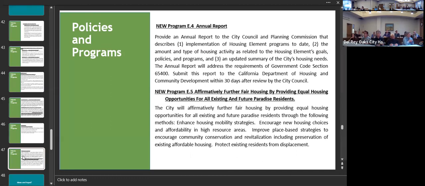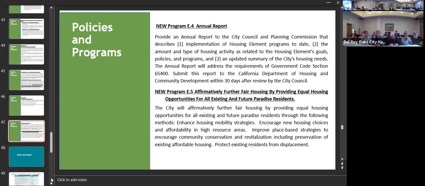This is a new program completely. It's something that I've seen in other housing elements, and that is just doing what we normally do, which is really providing an annual report on housing, meeting RHNA to the city on an annual basis and seeing what progress has been made on moving forward on housing element programs.